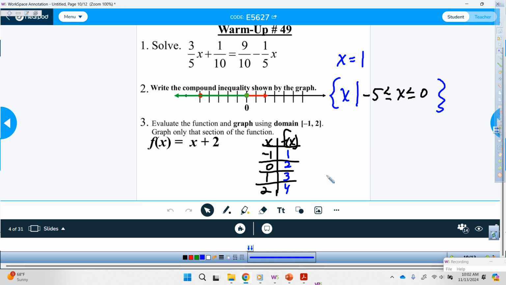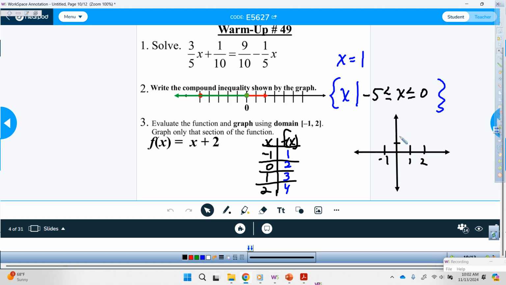That is correct. And our graph should look something like, hold on, Mario. Thank you, sir. Something like this from -1 to 2.